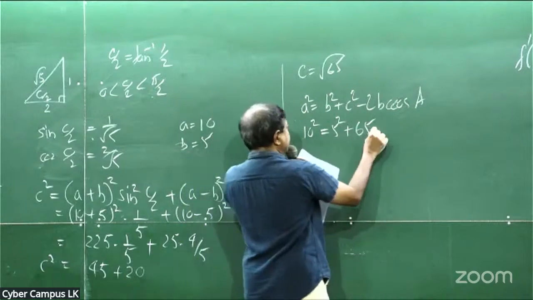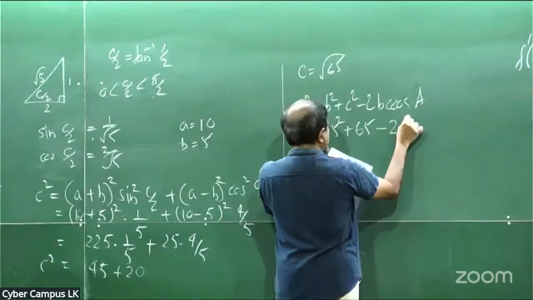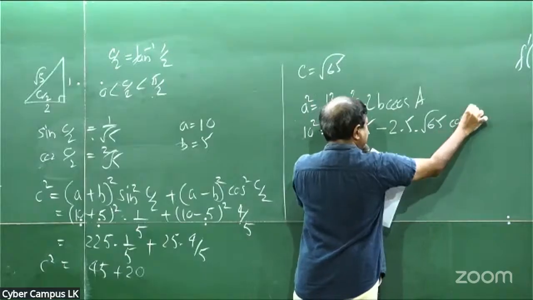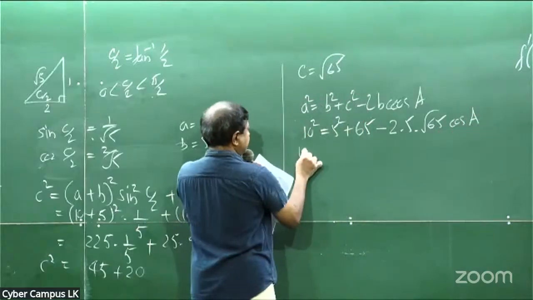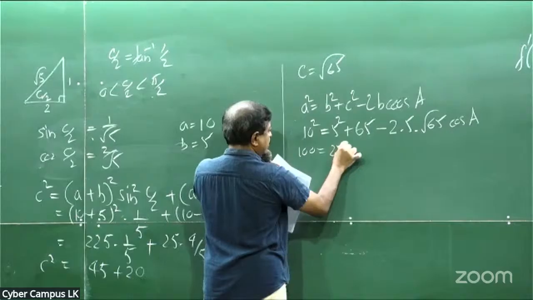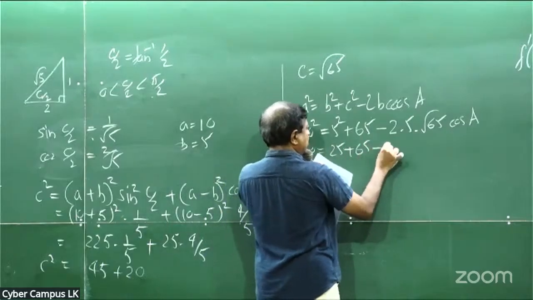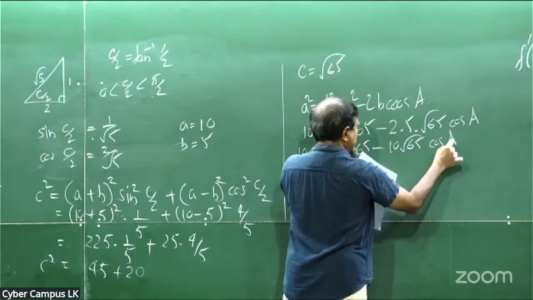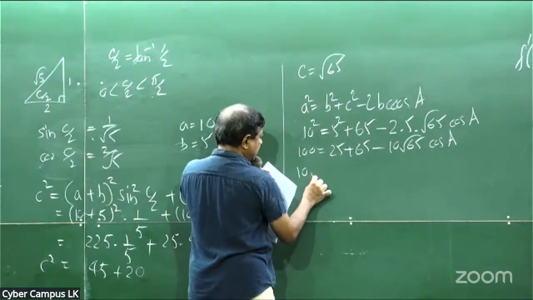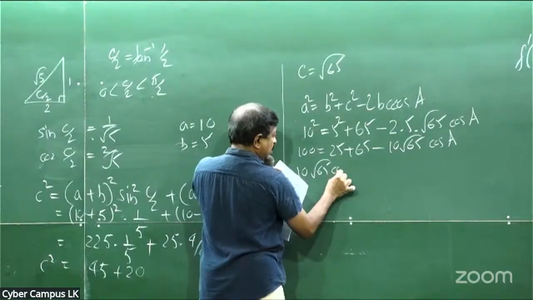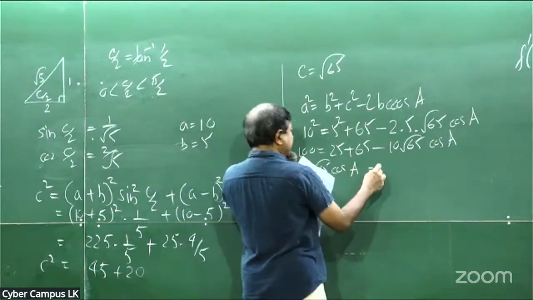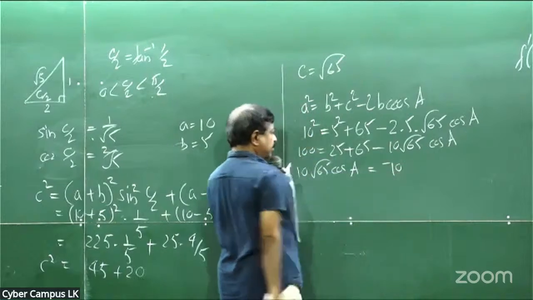So this should be 65, 2 times 5 times square root 65 cos A. So let's bring that to this side. 90 minus 100, minus 10.